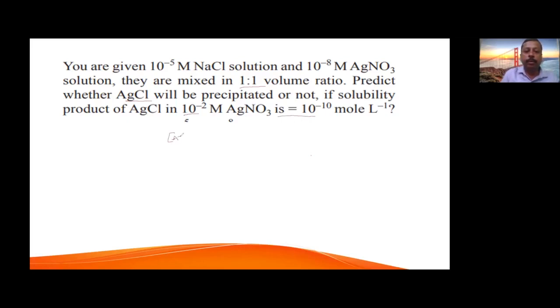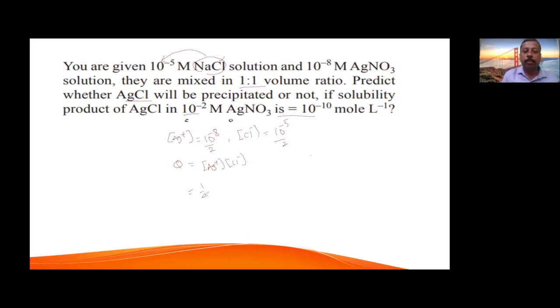So let us find out about AgCl. The concentration of Ag+ is 10 to the power of minus 8, and the concentration of Cl minus you will get from the NaCl, because NaCl has Cl, and it is 10 to the power of minus 5. So 10 to the power of minus 5 by 2, because of 1:1 equal volumes. Now I will find out Q again. Q will be the concentration of Ag+ into Cl minus.